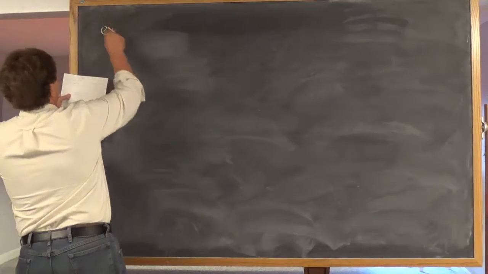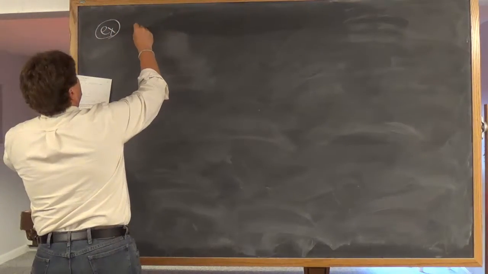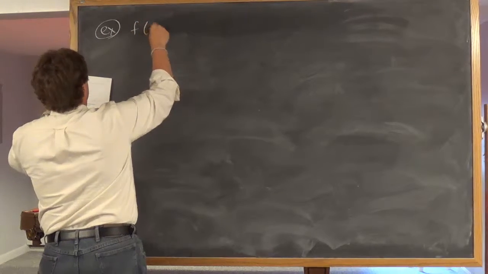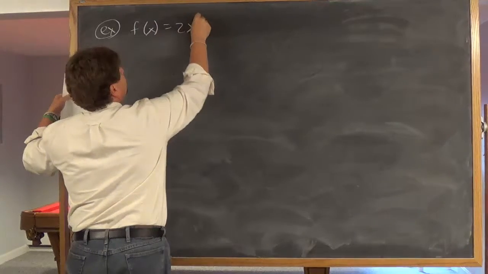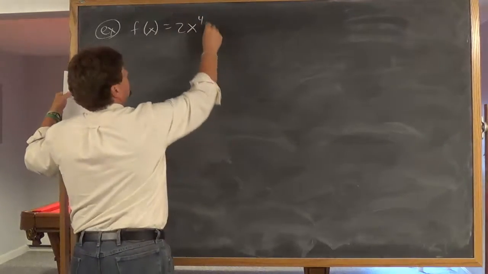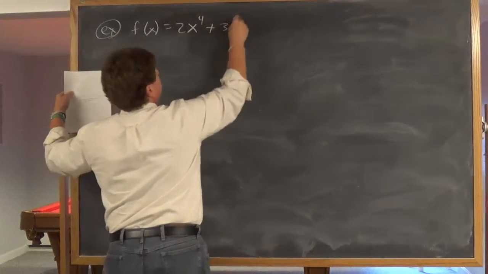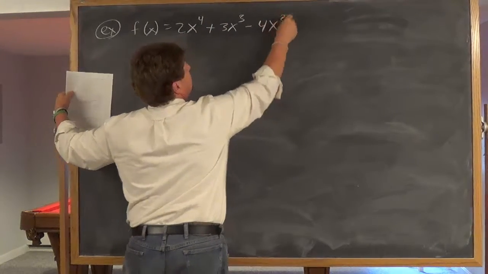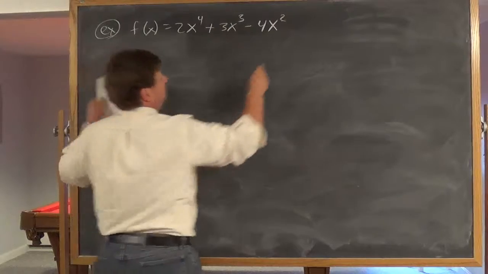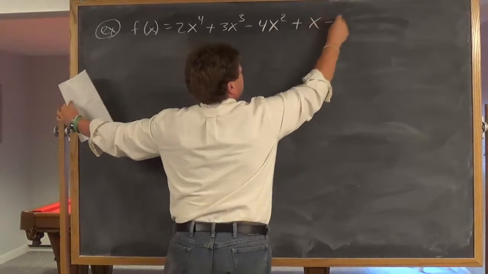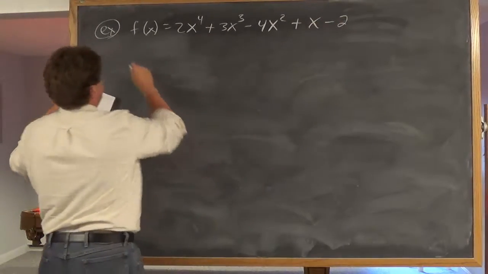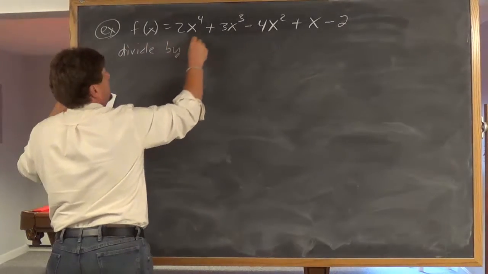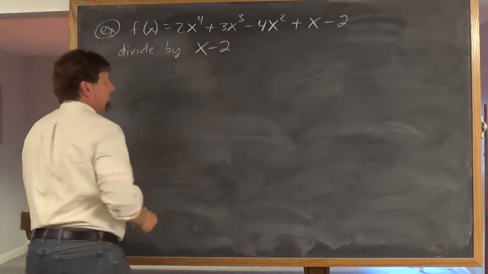So, if you're given the function 2x to the fourth plus 3x cubed minus 4x squared plus x minus 2, and this is divided by x minus 2.